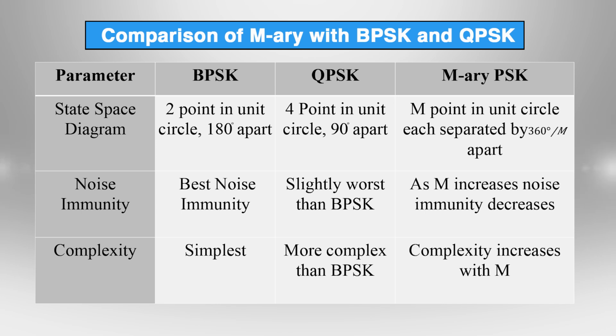However, it is still widely used due to its balance between complexity and performance. In M-array PSK, complexity increases with M because of the need for more precise phase synchronization, more complex signal processing and tighter error correction algorithms. For example, 16 PSK is more complex than 8 PSK.